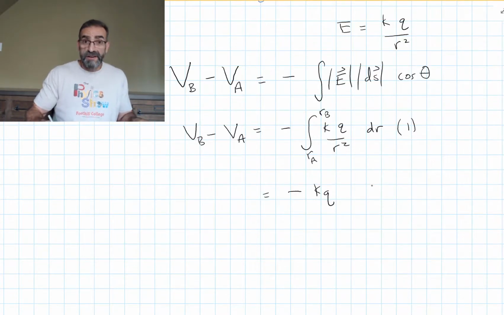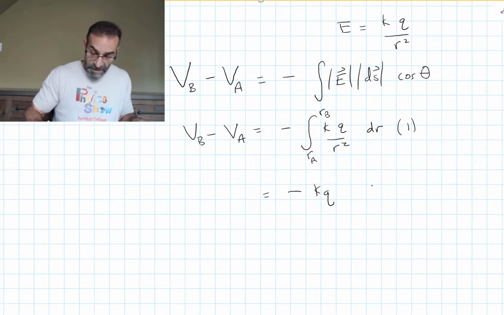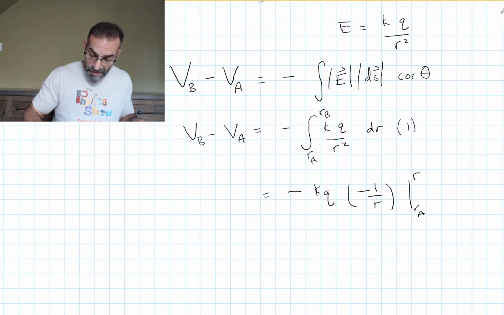The integral of 1 over r squared is negative 1 over r, and I'm evaluating this from RA to RB. The minus signs cancel. I have a 1 over RB minus 1 over RA.